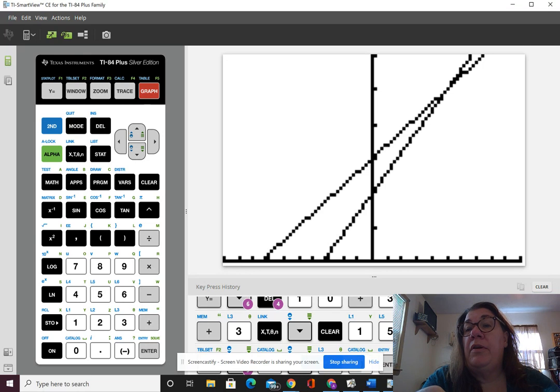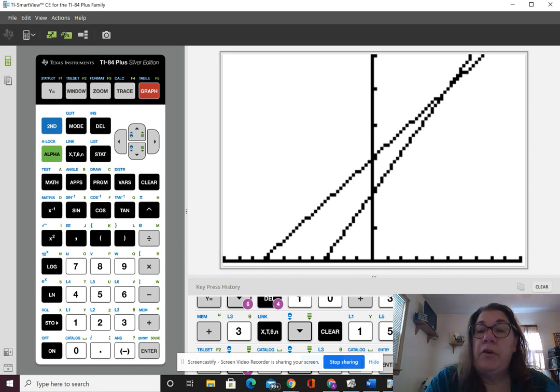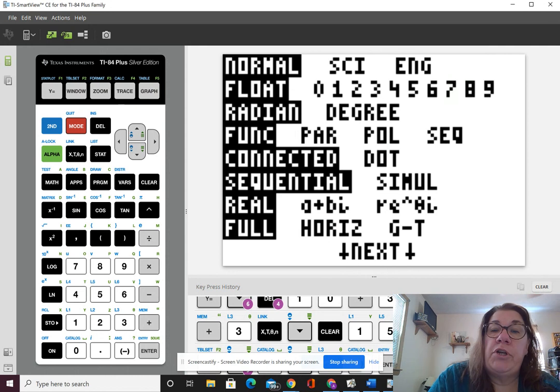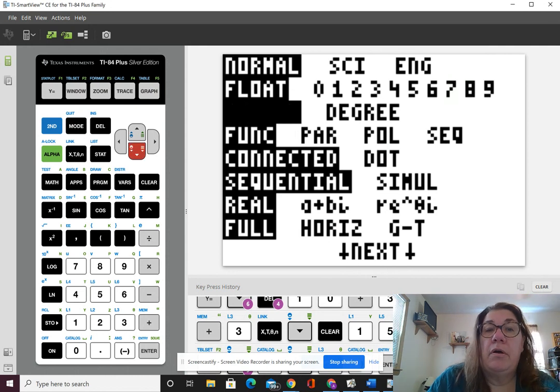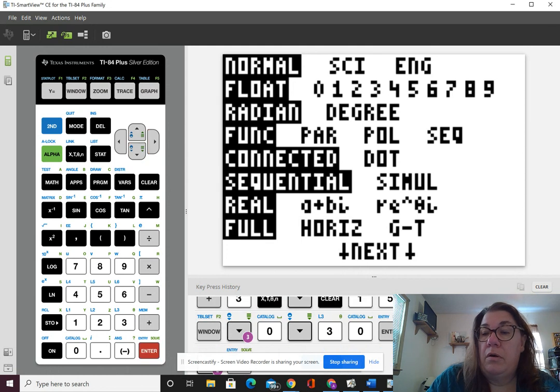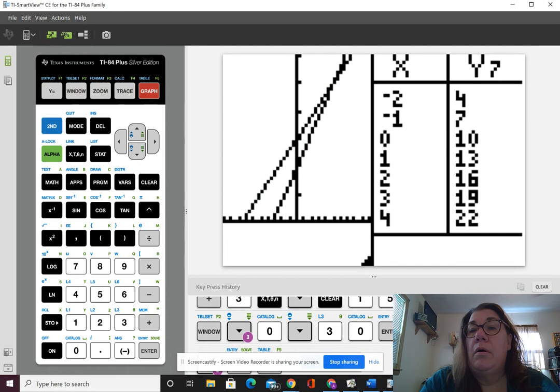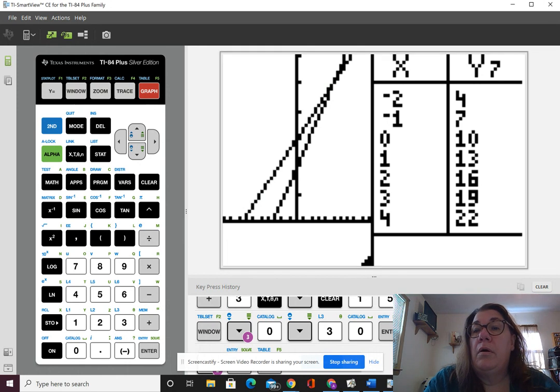And you can't see that exactly, but that would be 25, 5, 25 there. But if you went and changed your mode, and you traced along there, you could get that value.